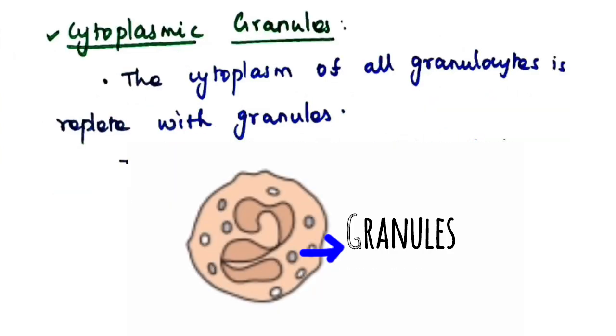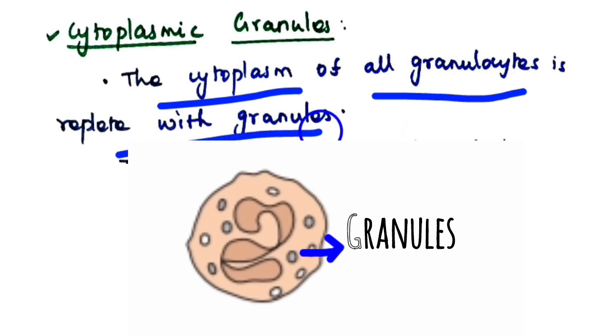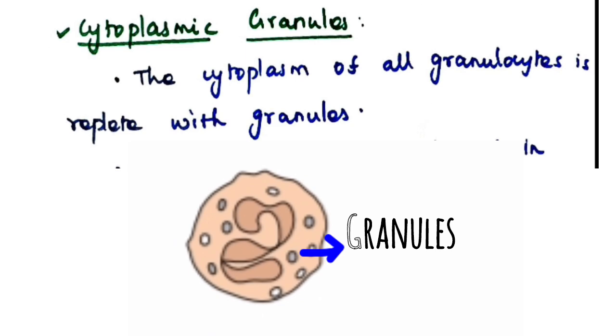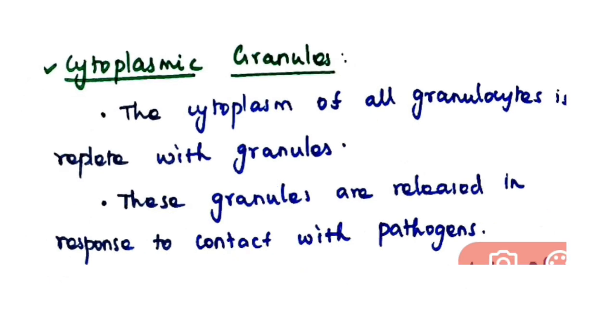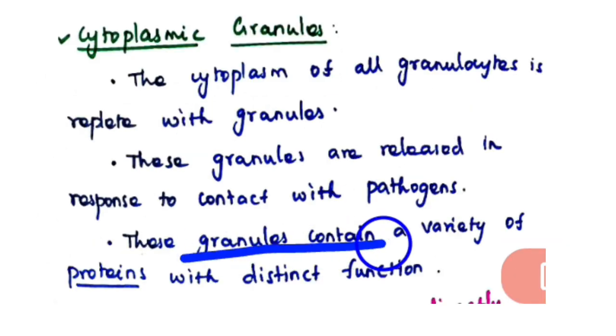The next structural feature of these cells is cytoplasmic granules. The cytoplasm of all granulocytes is replete with granules. It has many granules in its cytoplasm, and that's why these cells are known as granulocytes. These granules are released in response to contact with pathogens. The granules contain a variety of proteins with distinct functions.